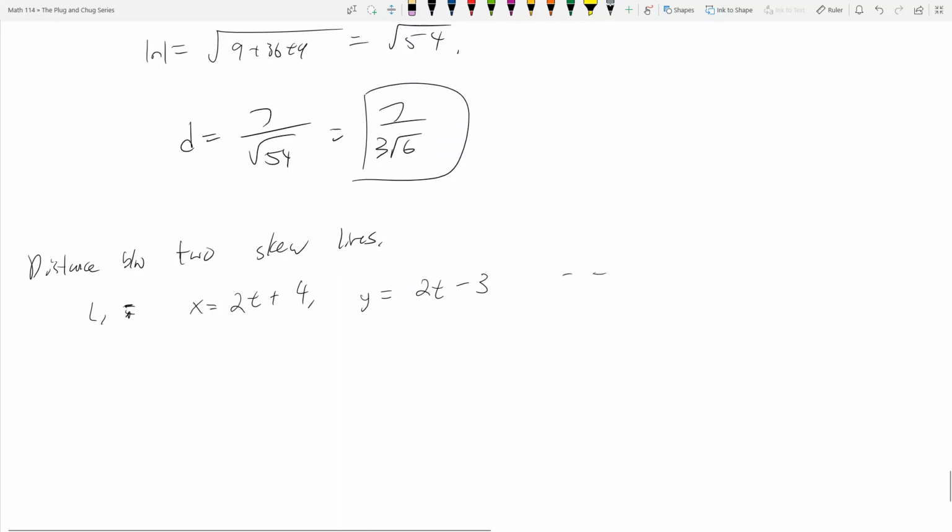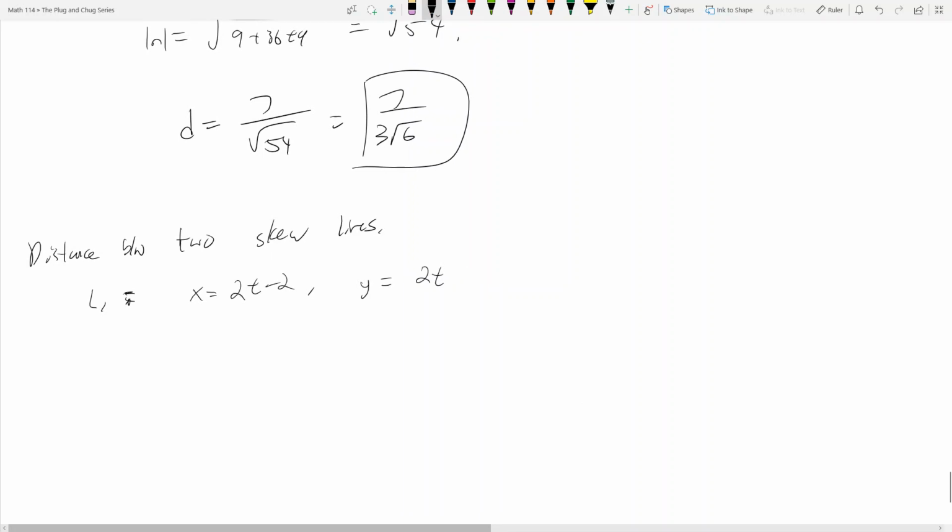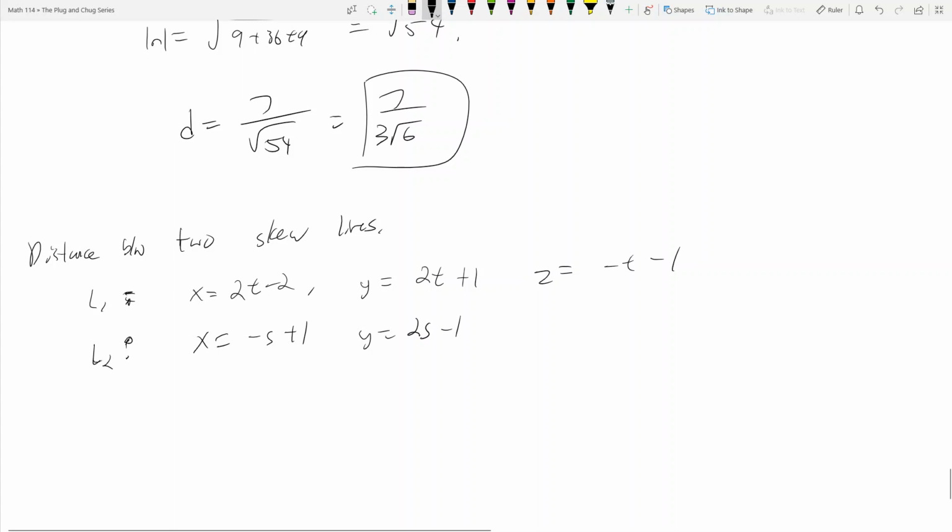Okay, no. Okay, so x is equal to 2t minus 2, y is equal to 2t plus 1, and z is equal to negative t minus 1. Okay, and then L2 is equal to the x component, let's say this is negative s plus 1, y is 2s minus 1, and z is 4s plus 2.